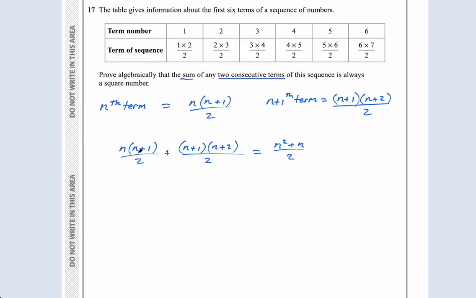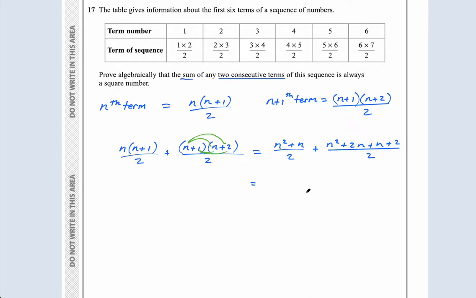That's me multiplying this out, plus, and now we need to multiply this out. n times n is n squared. n times 2 is 2n. 1 times n is plus n. And 1 times 2 is plus 2. All divided by 2.